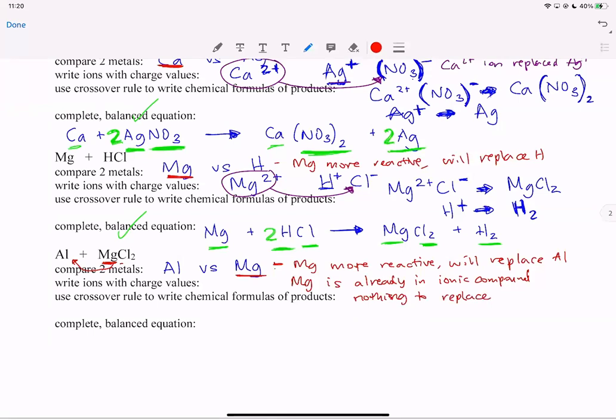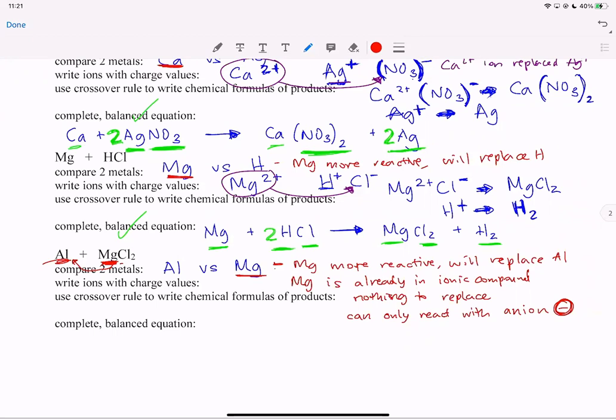So this is the example when you have this magnesium is more reactive, it wants to react with anything else. Well, the only thing it can react with is an anion, a negative charge. Okay, this aluminum is never going to be a negative charge. Aluminum is a metal. Metals always form positive charges. So is the magnesium going to react with the aluminum? No. Two positive charges will repel.